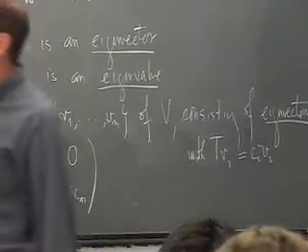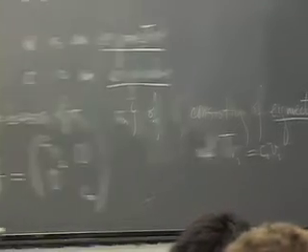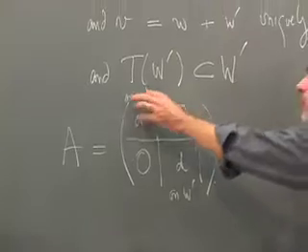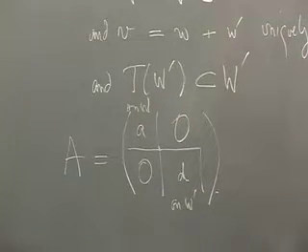That's a real extreme case of this, where you break up into blocks because you have invariant subspaces, and the blocks are each 1 by 1 matrices because the invariant subspaces have dimension 1.